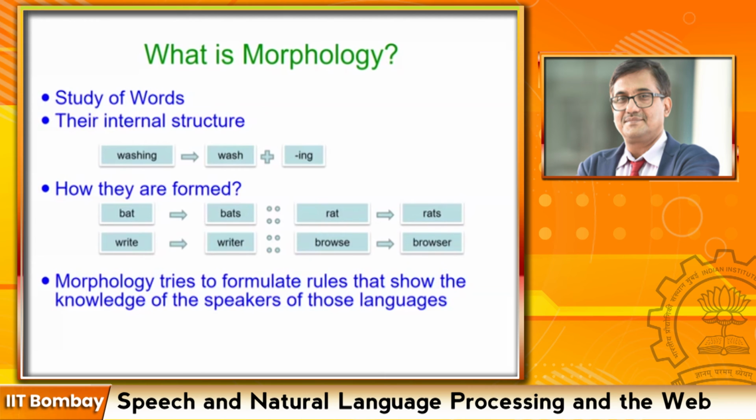Older languages like Latin, Sanskrit, Greek, Hebrew, Arabic, these languages have very productive processes in morphology. Okay, one uniform process applies on so many different words, and that is also a sign of rich morphology.